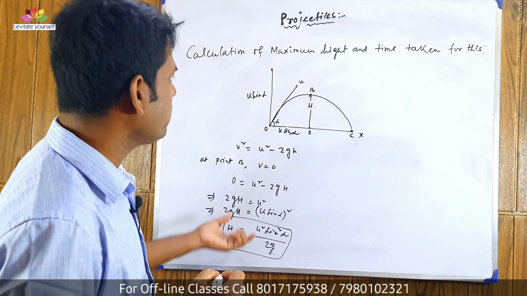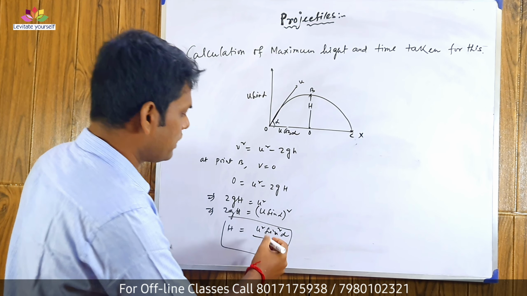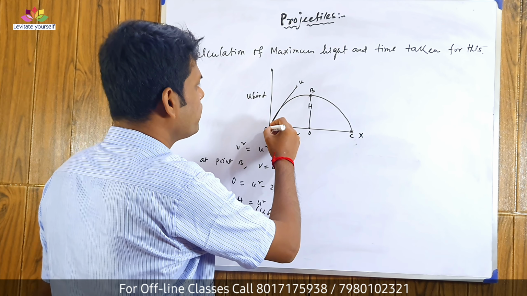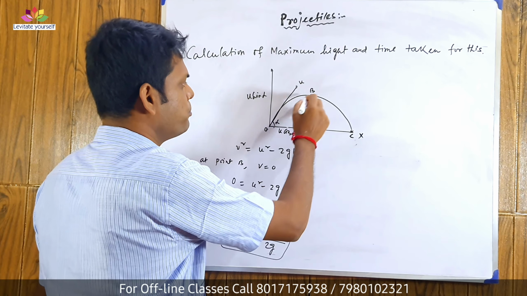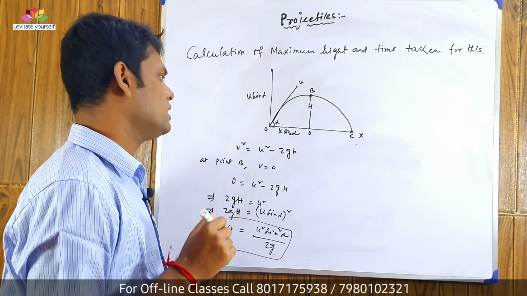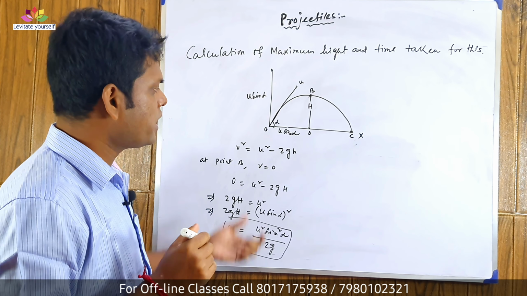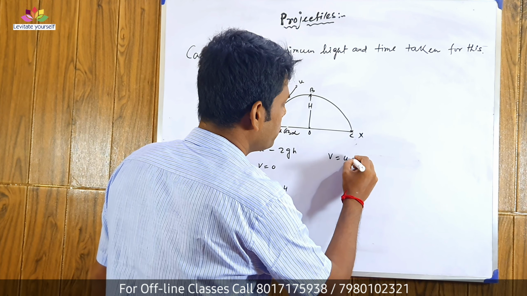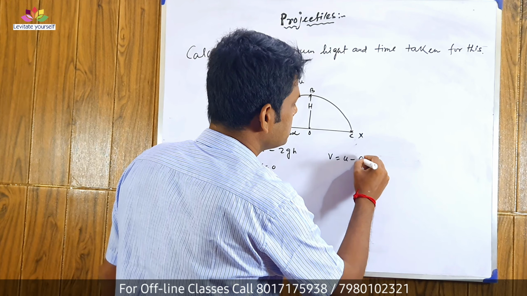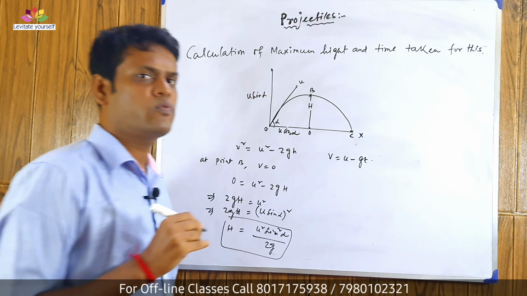Okay. Now I calculate the time taken from point O to B. Suppose the time is t. We use the equation v is equal to u minus gt.